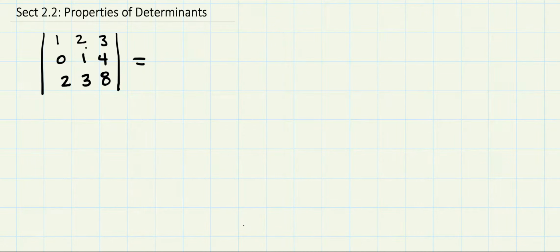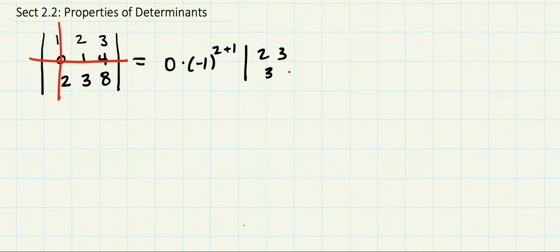So this is equal to, remember that we cross out this row and this column. We say this is 0 times the minor matrix times -1 to the 2 plus 1, 2, 3, 3, 8. We don't even really have to write all this out because this whole term here is going to be equal to 0 because of this 0 here.